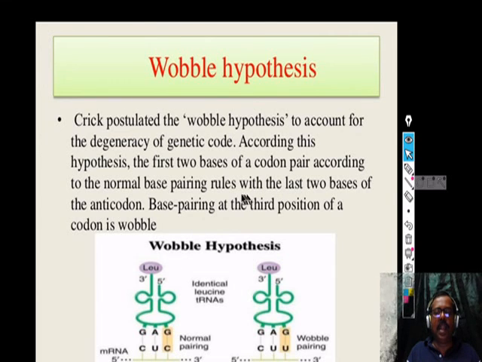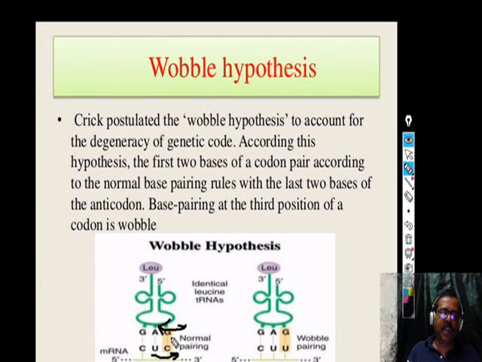And this applies to the base pairing of the last two bases of the anticodon, because anticodons are read from 3' to 5' direction, and codons are read from 5' to 3'.